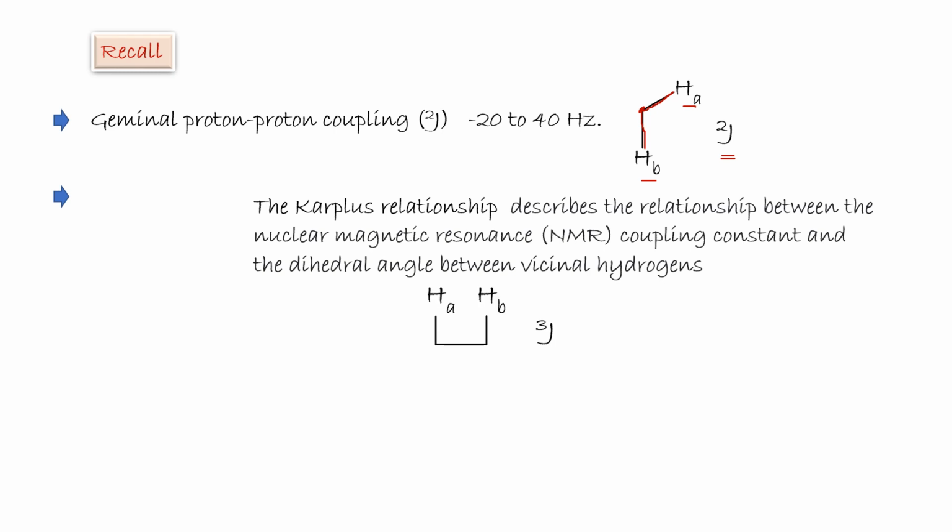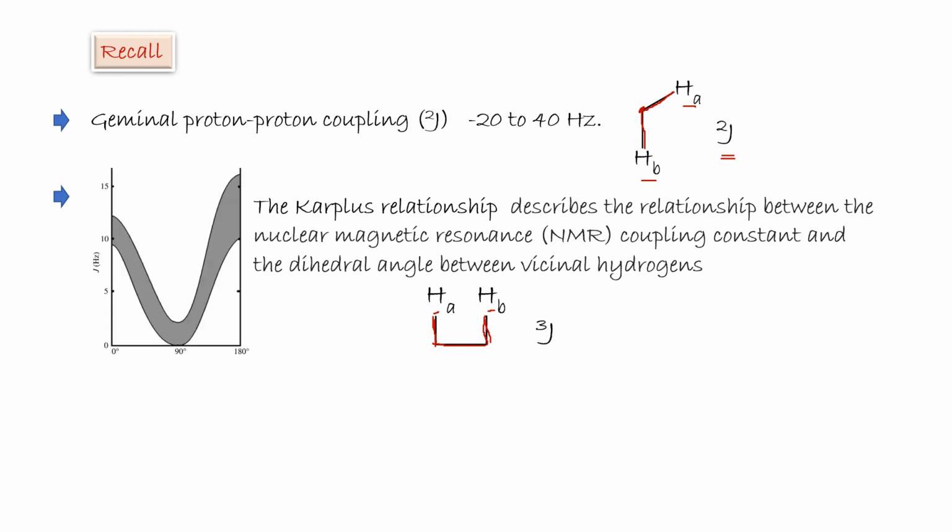So if we look at it like a book, the covers of a book, if the book is closed, the dihedral angle between A and B will be 0. If the book is open, then the angle will be 180. He found if it's closed, it's around 10. If it's open, it's around 11 to 12, so it's larger.